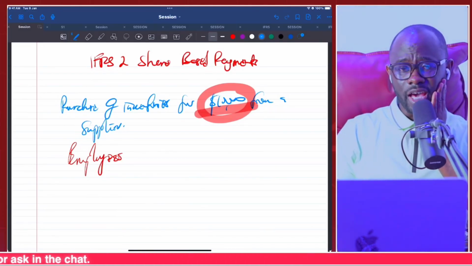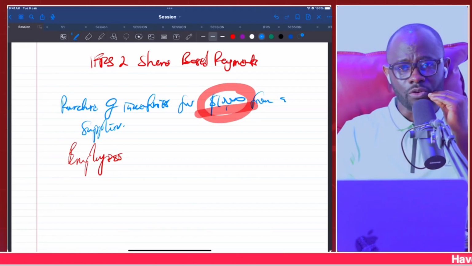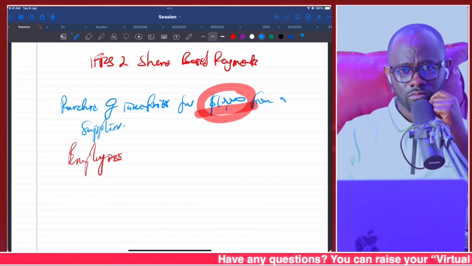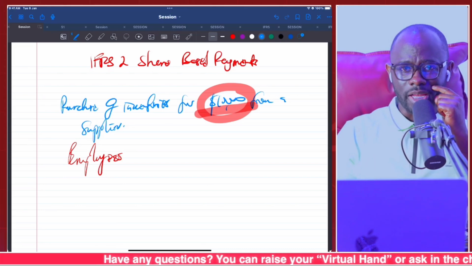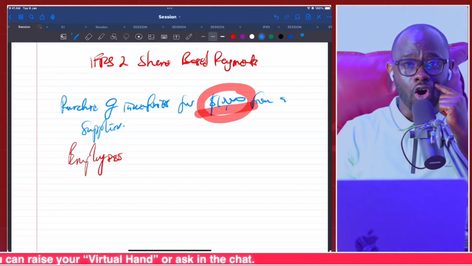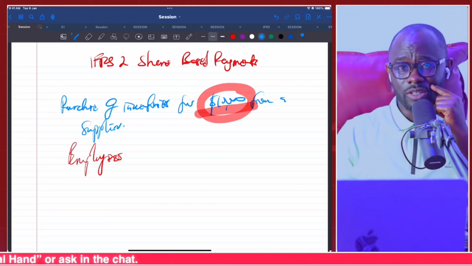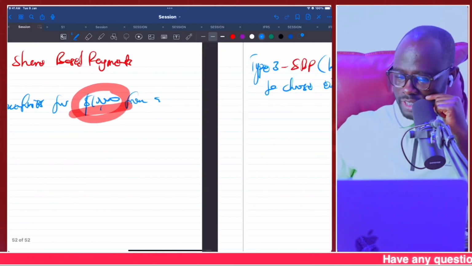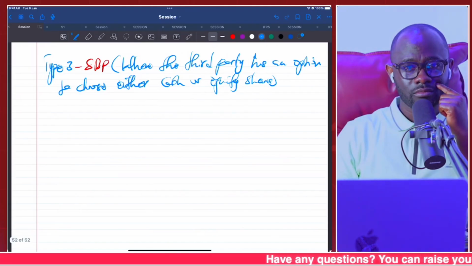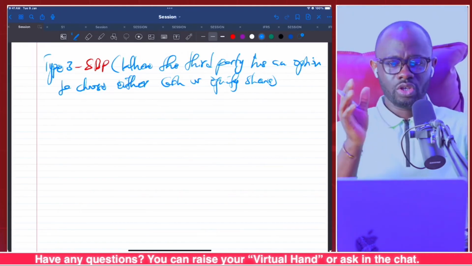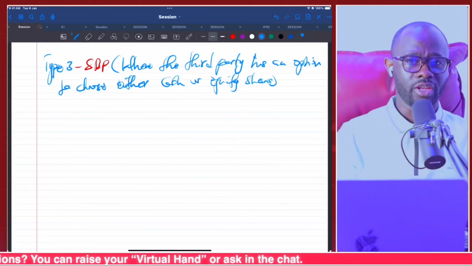We don't have money now, but we have a deal for you. 3 months from now, you can get some money based on the value of the shares of the company, or you can acquire some shares in our company worth $10,000. That is what we are talking about. So the third party has an option to choose between cash or equity shares.